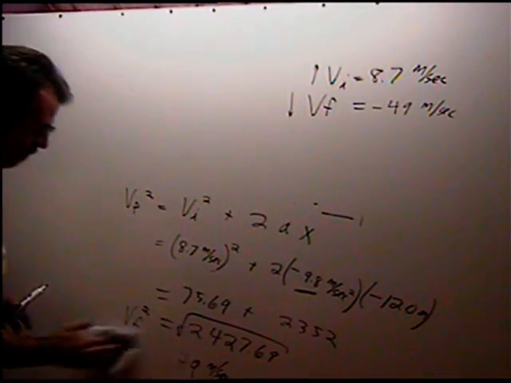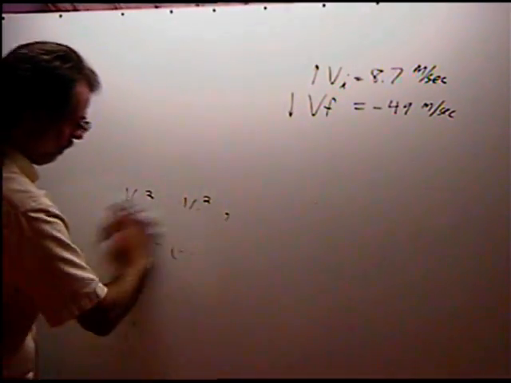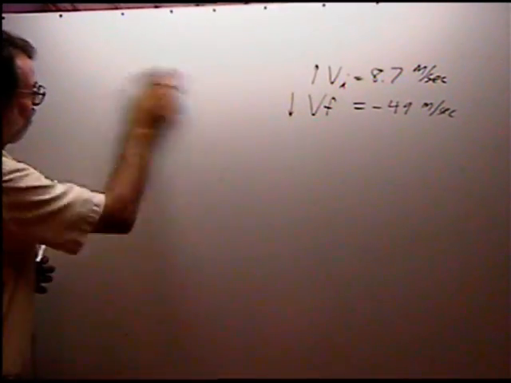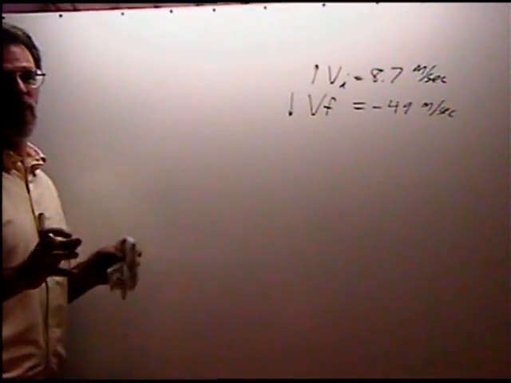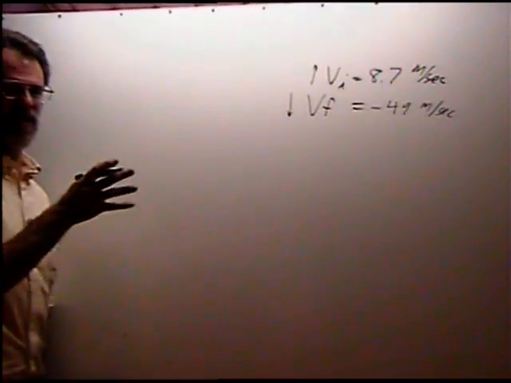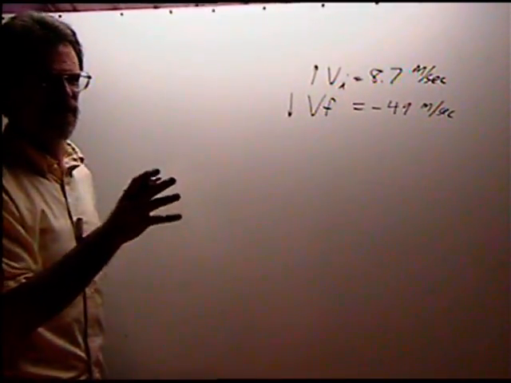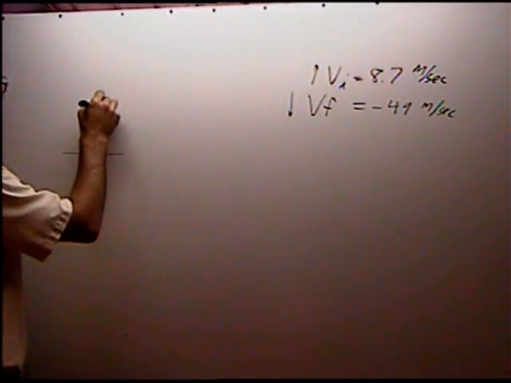Okay, what I want to do is to explore this just a little bit more to make sure you understand some of the mathematics of the physics that's actually going on. I'm going to draw the cliff again.